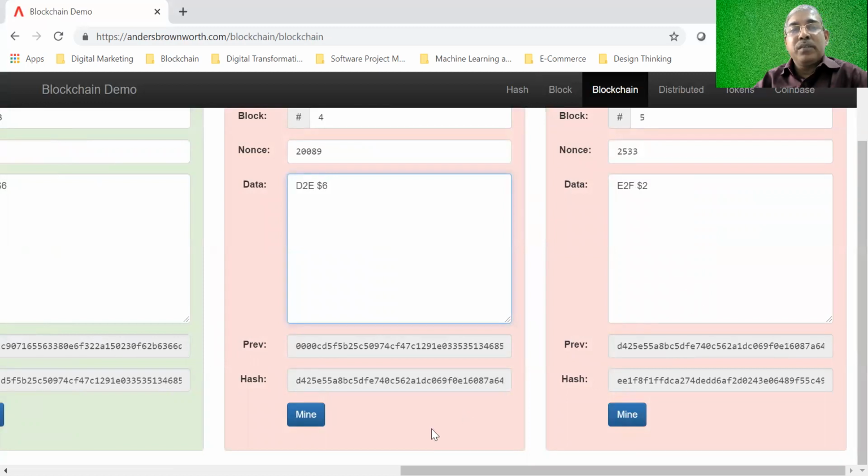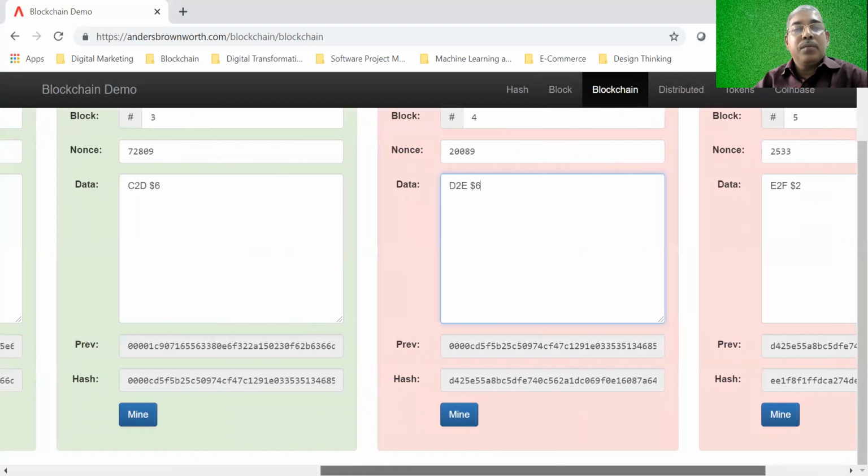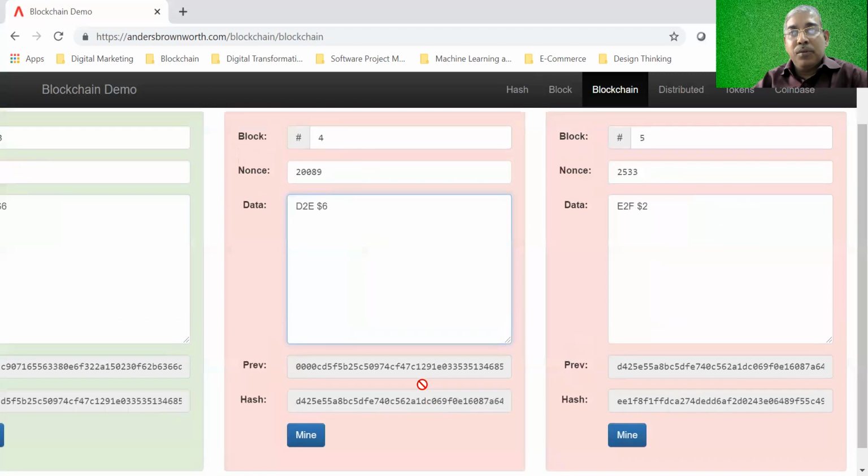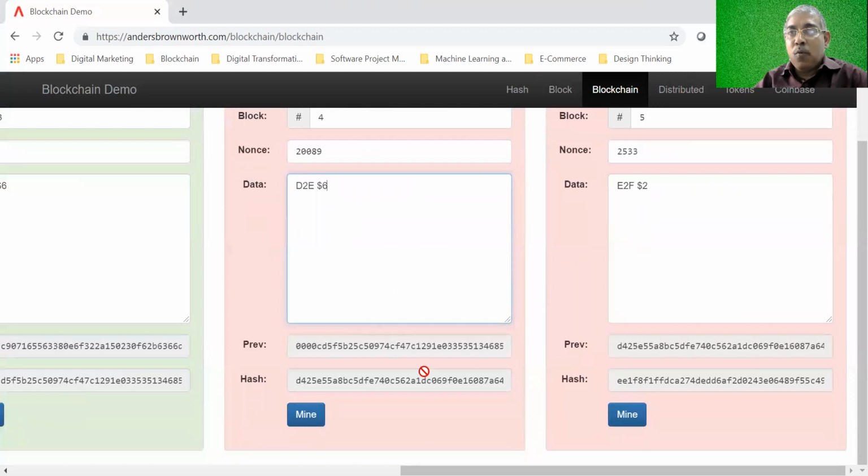If you notice now, if you have to correct these blocks, that means if you have to go back and make these blocks consistent, these two blocks, block 4 and block 5, have to be mined again.